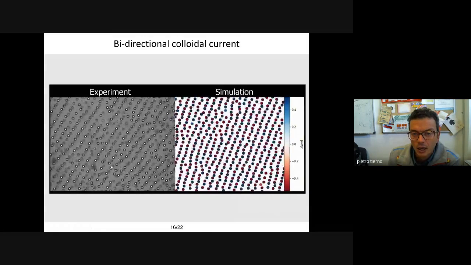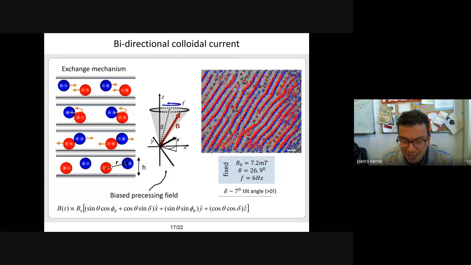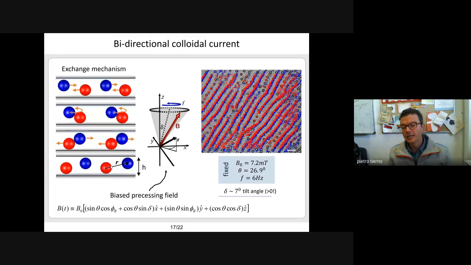Okay, it took us a while to understand it, but the reason is that the precessing field that we applied during the experiment has a small bias in it. There was a small bias that forced the colloids to flow along a defined direction.